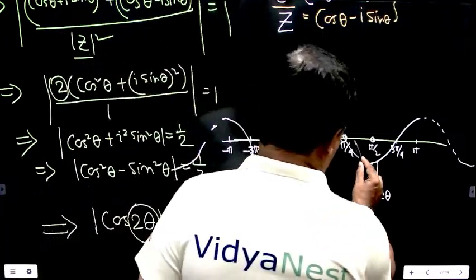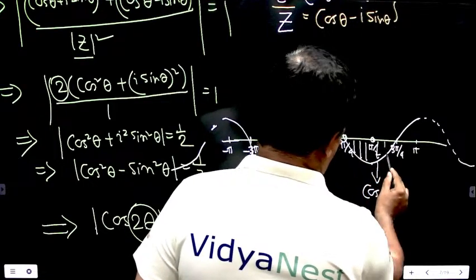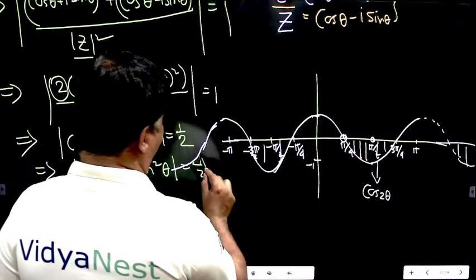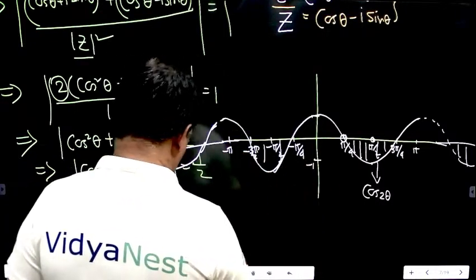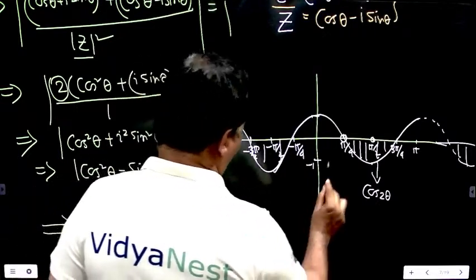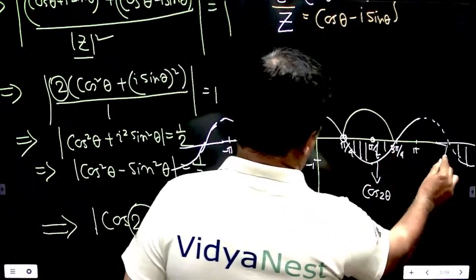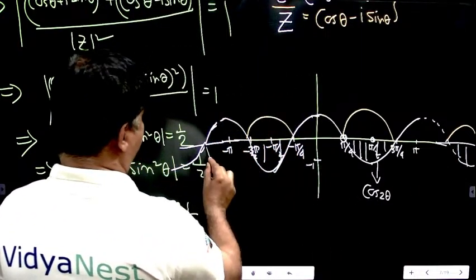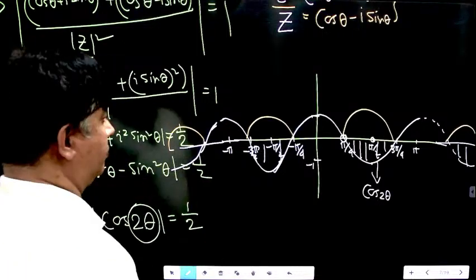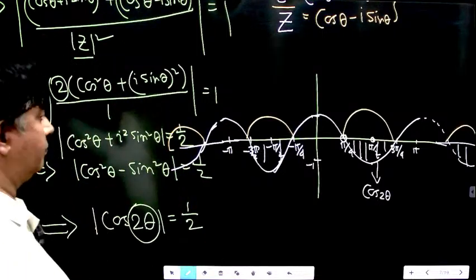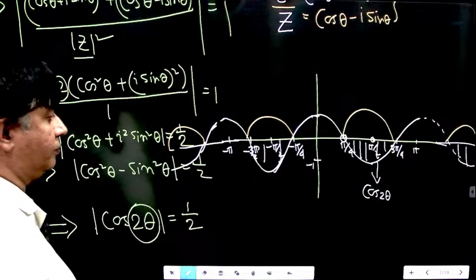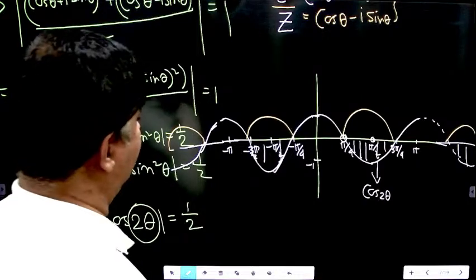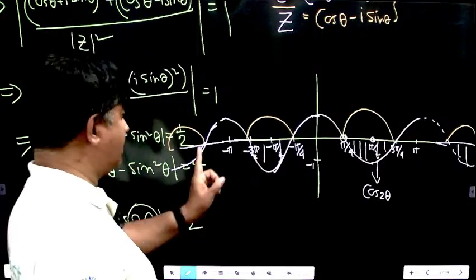That means the downward negative part will be positive then. Okay. Yes or no? Yes, sir. Now, this is mod cos 2 theta.